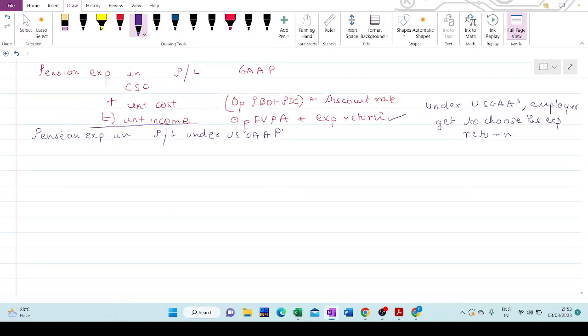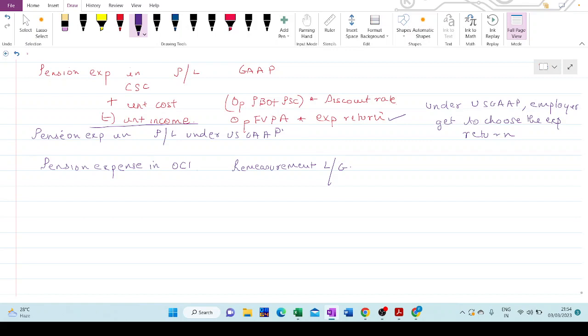Now, guys, we'll write down pension expense in OCI. Under IFRS, pension expense in OCI is reported as remeasurement loss or gain, right? And this remeasurement loss or gain is not amortized. It sits in the OCI till the pension plan is terminated, right?